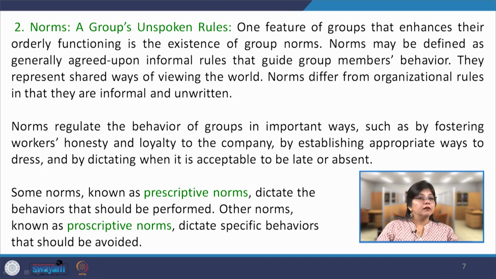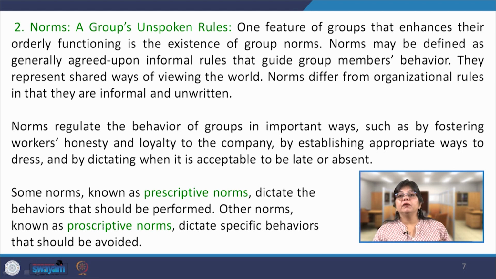Now, these are the behavioral nitty-gritties that are expected based on unspoken rules. Whenever we are talking about norms, this enhances the orderly function of the group, because there is a thin line which operates within the group, and if this thin line of rules is breached or broken, then the group can disband or the functioning of the group can become ineffective.